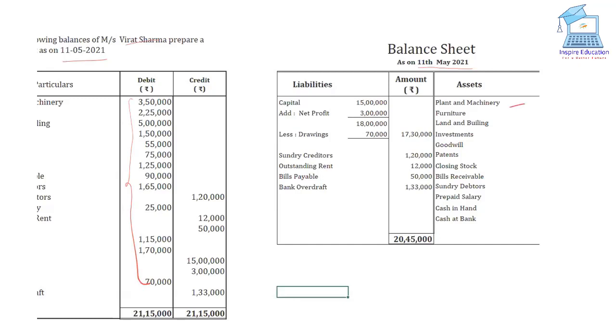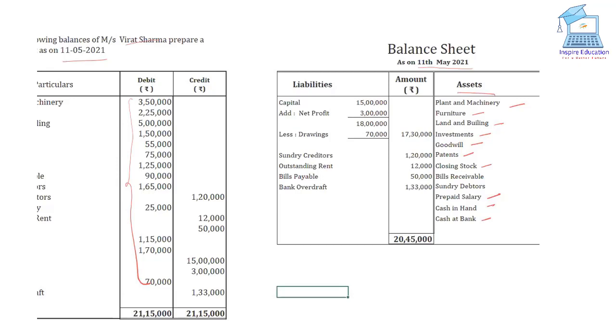Plant and machinery, furniture, land and building, investments, goodwill, patents, closing stock, bills receivable. Then prepaid salary, cash in hand, cash at bank, all these things are assets. So we will be posting them in the asset side.